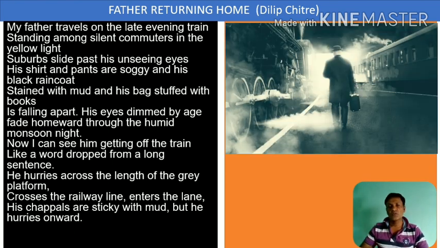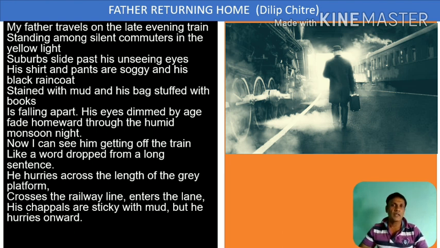The poet has used the words grey platform. Grey symbolizes old age, and perhaps the poet wants to suggest the platform was very old. Grey platform means the platform was very old. Another meaning that the poet wants to suggest is the old age of his father.